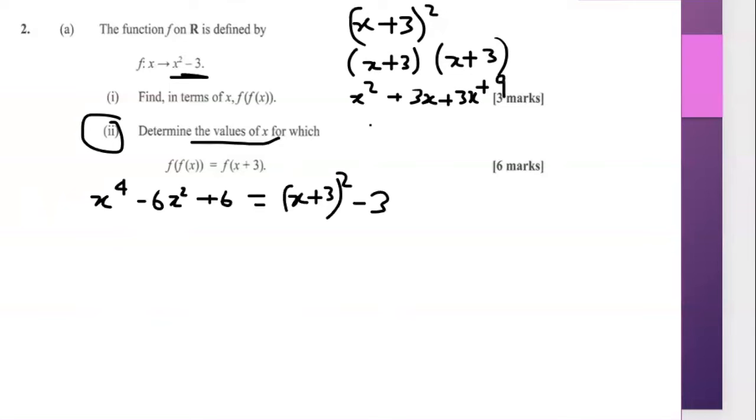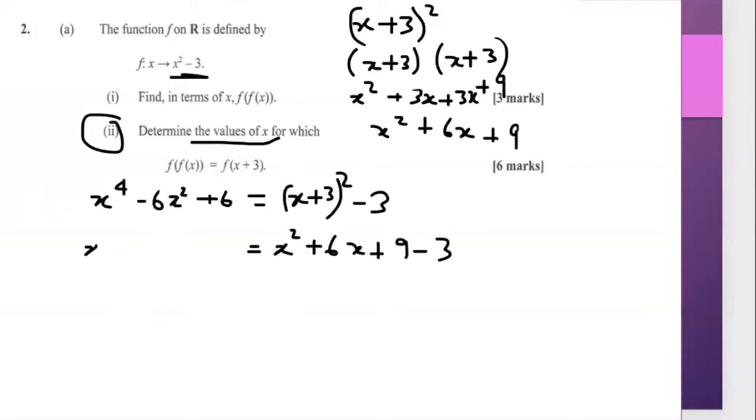So 3x plus 3x, that's 6x, so x squared plus 6x plus 9. So I replaced here, so I have x squared plus 6x plus 9 minus 3.